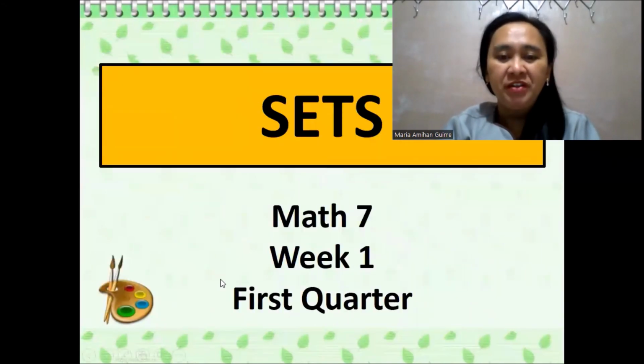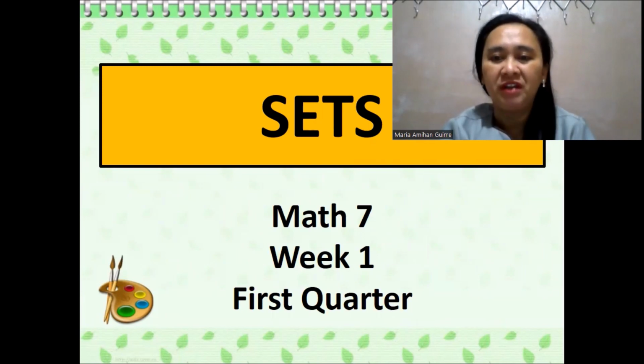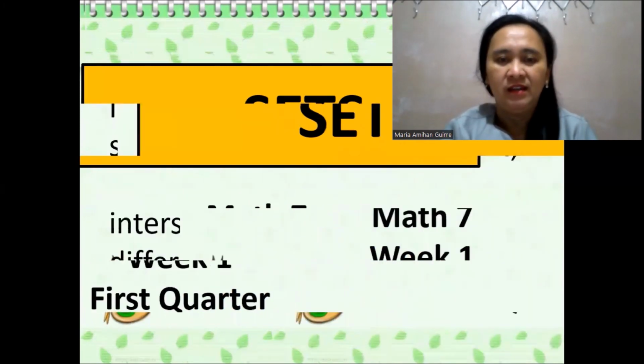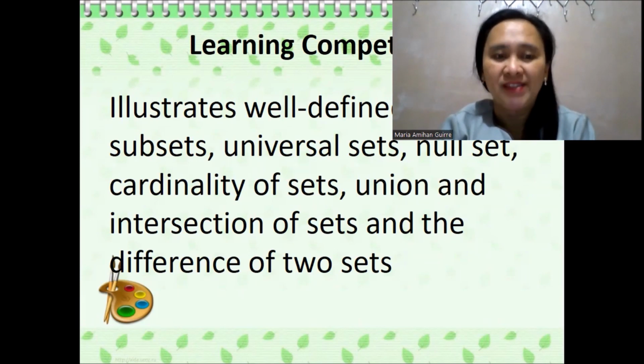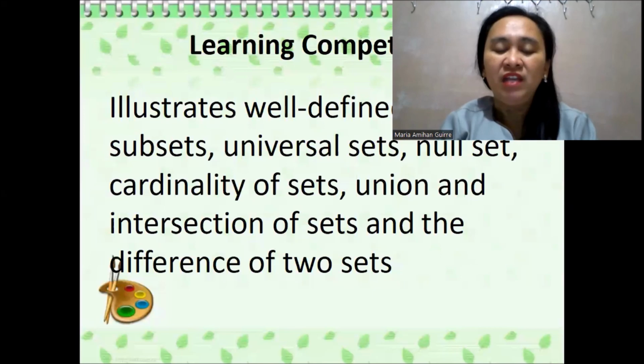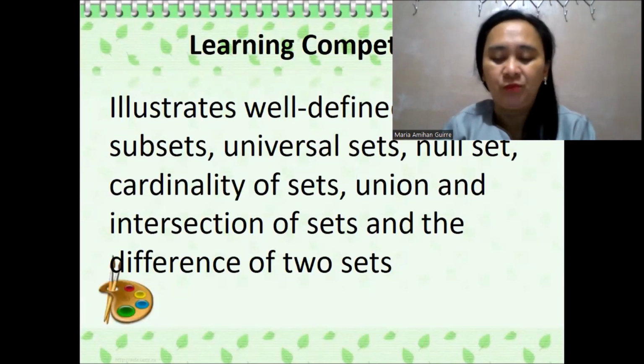Our topic for this week, Mathematics 7, Week 1, First Quarter, is about sets. Our learning competency illustrates well-defined sets, subsets, universal sets, cardinality of sets, union and intersection of sets, complement, and the difference of two sets.